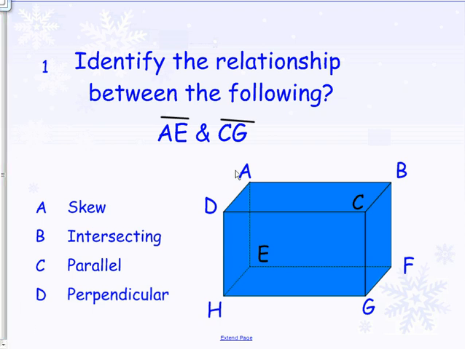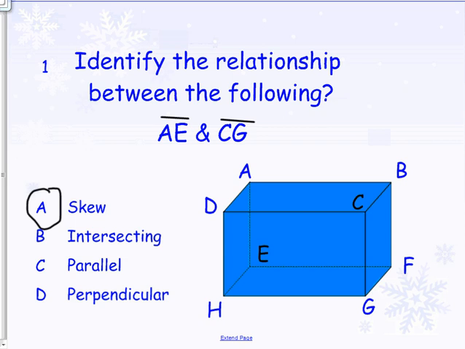In this case, you would call them skew lines, and the reason being is that they are on two different planes and they will never intersect. They are not on the same plane and they are not at all perpendicular or near being perpendicular.